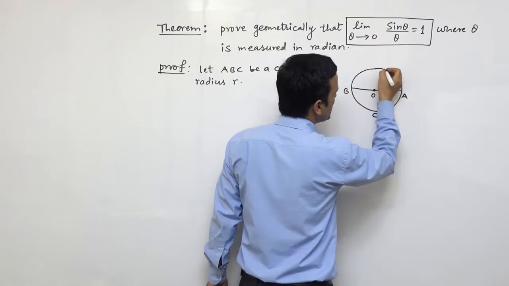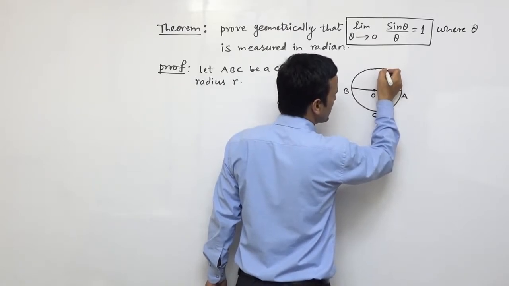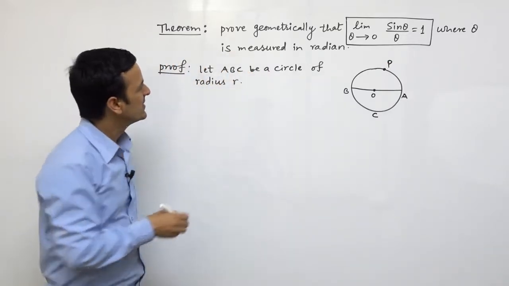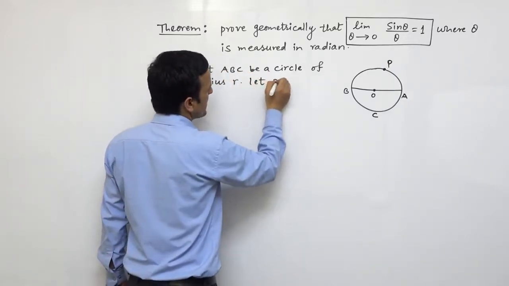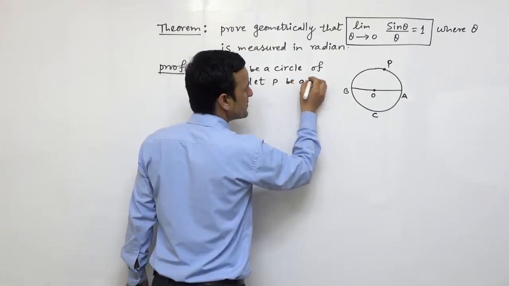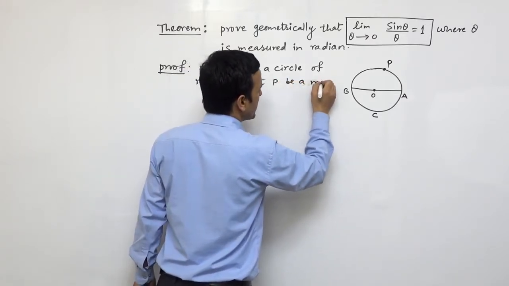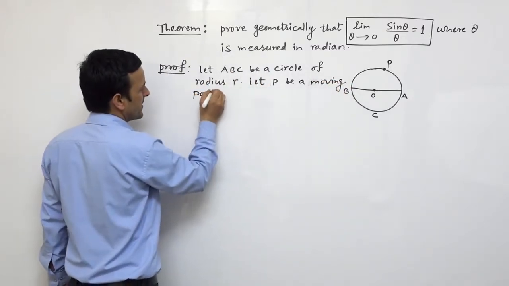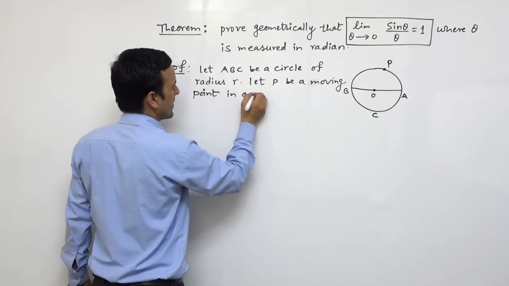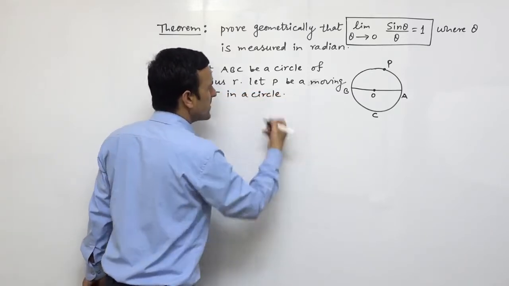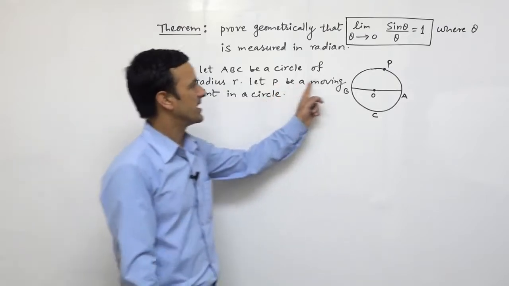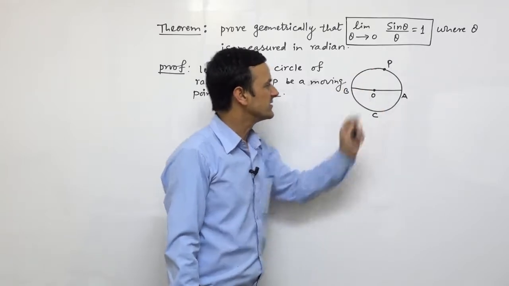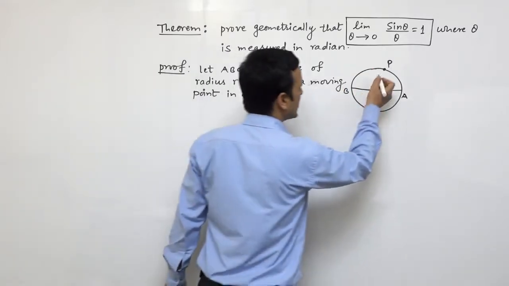Now we take P, a moving point. One point is taken on the circumference of the circle. So let P be a moving point in a circle. We take a point P in the circle, a moving point, which keeps moving.